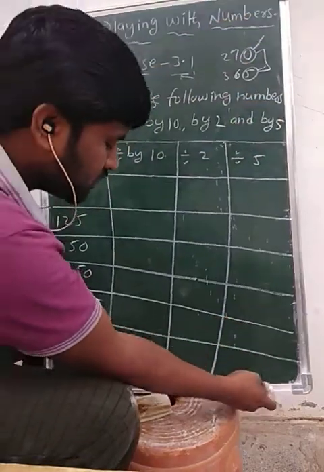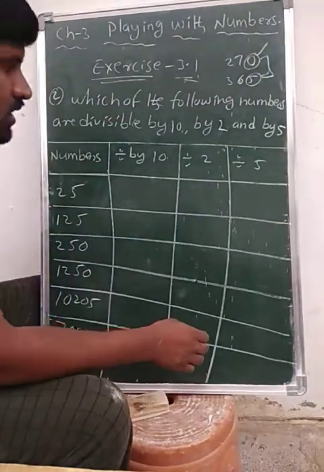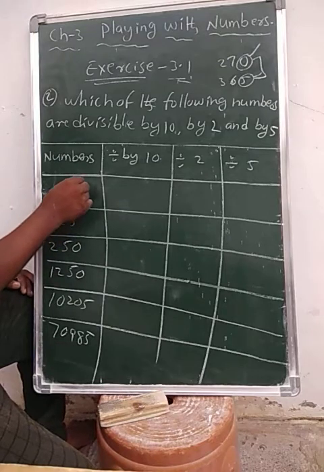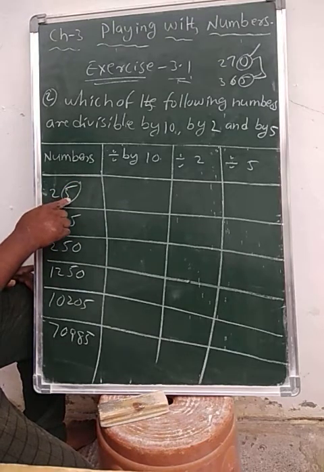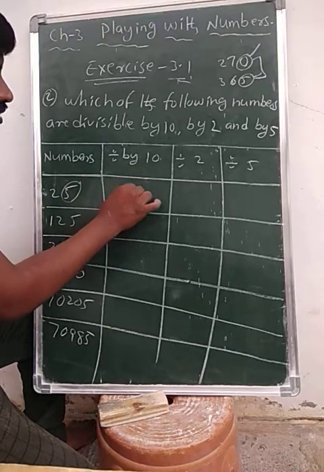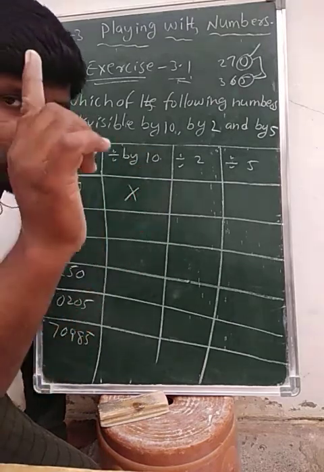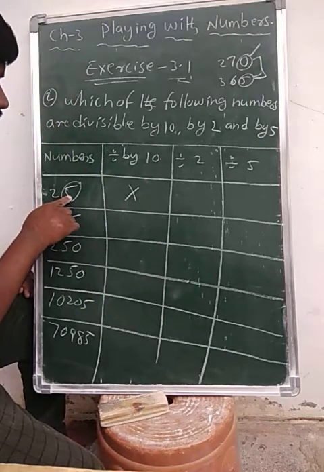Now see some numbers here. The ones place digit of this number is 5. Is it divisible by 10? No. If any number is divisible by 10, its ones place digit should be 0, but here the ones place digit is 5.